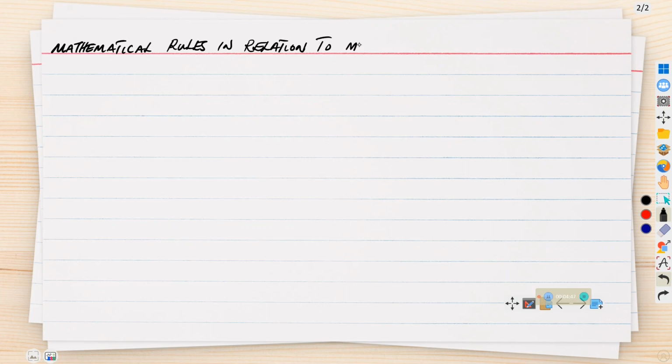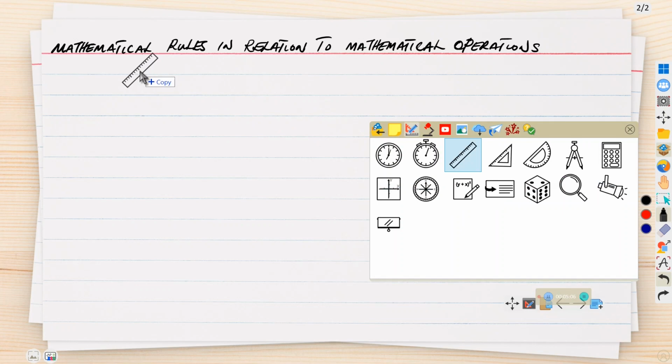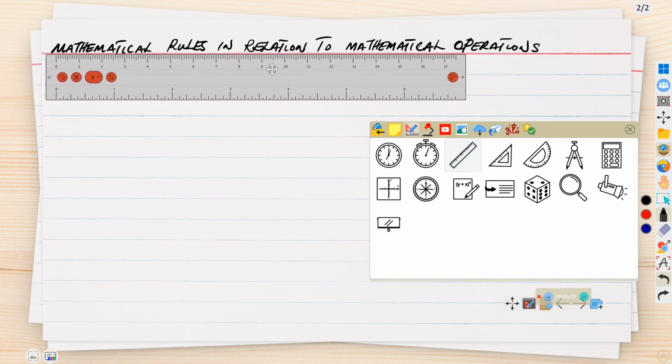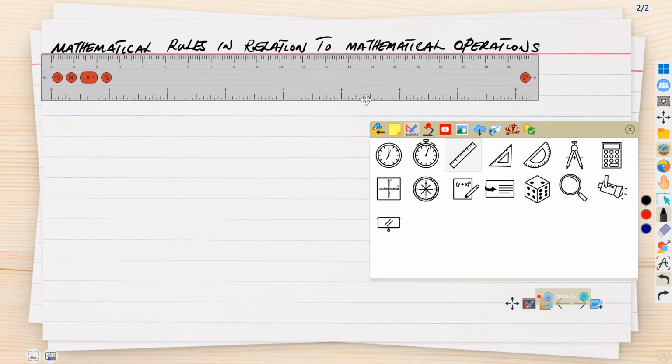These mathematical rules which I'm going to teach here are very important in relation to what we are saying.